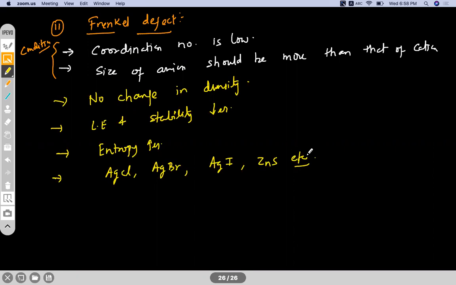Now we'll see one or two things in non-stoichiometric defects.